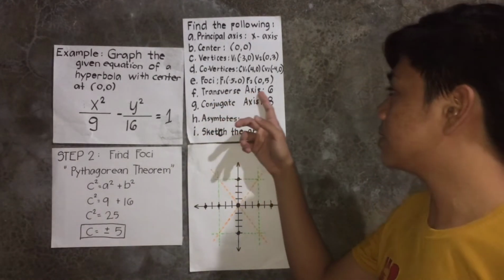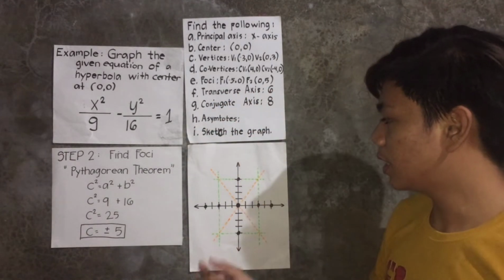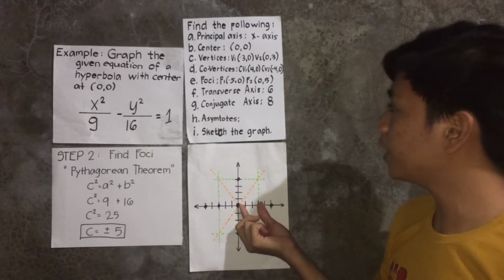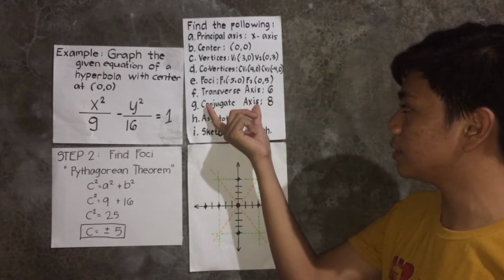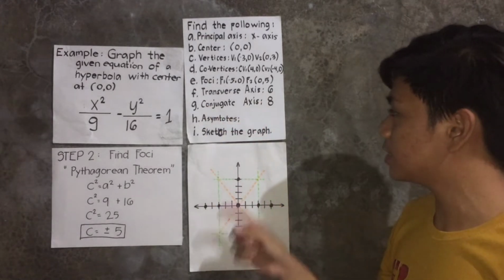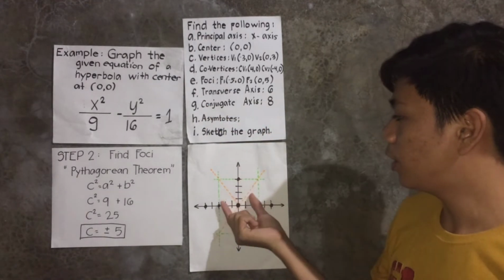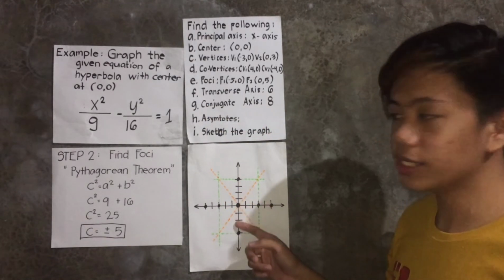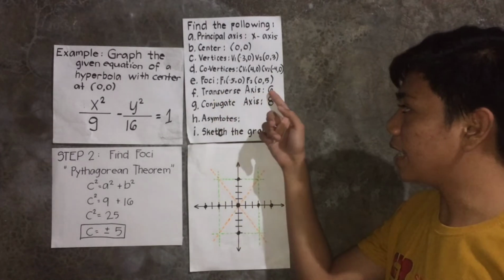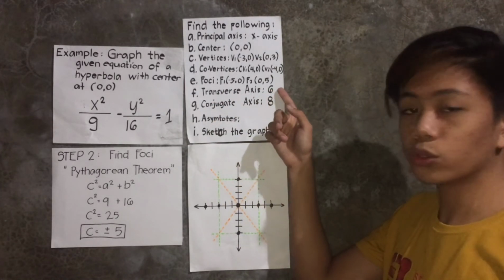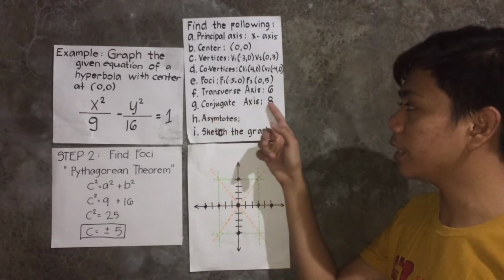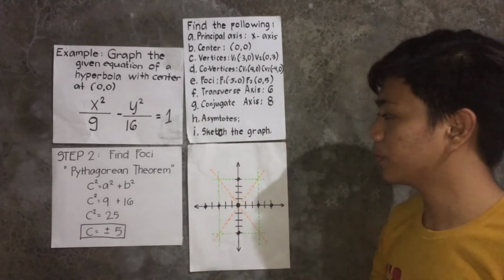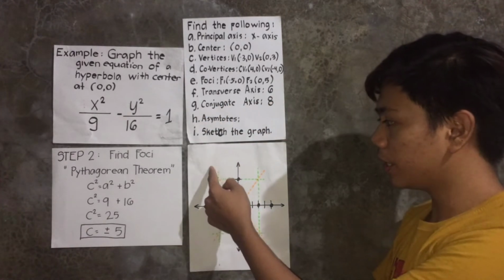Our transverse axis is 6 because 3 plus 3 is 6. Our conjugate axis is 8 because 4 plus 4 is 8. Transverse axis is 2a and the conjugate axis is 2b. And the asymptotes are here.